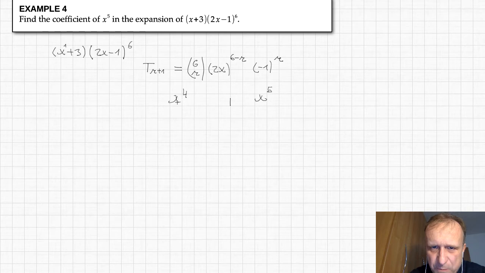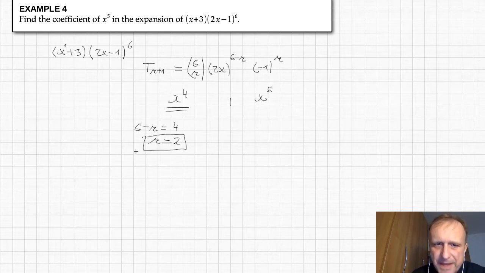So if I want the term with the fourth power, let's solve this. Here 6 minus r has to be 4, because this is the only factor which contains x. So it means that r has to be 2 in this case. And when r is 2, then we are talking about the third term, 2 plus 1.